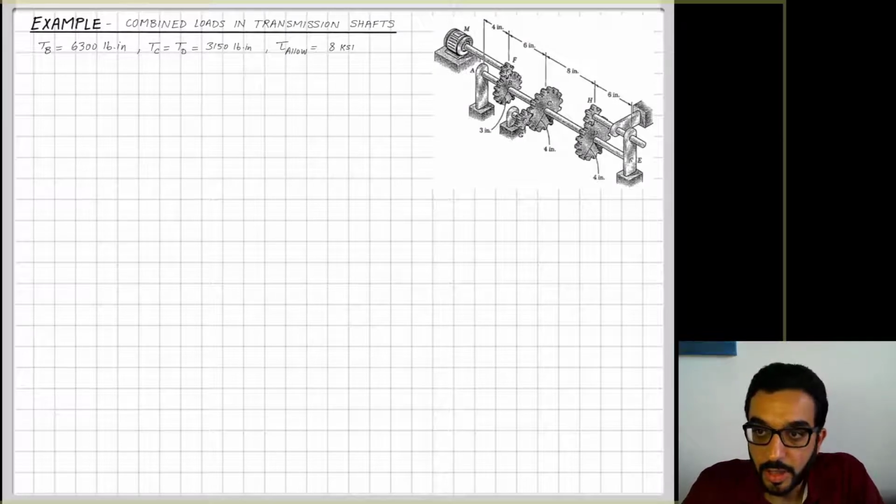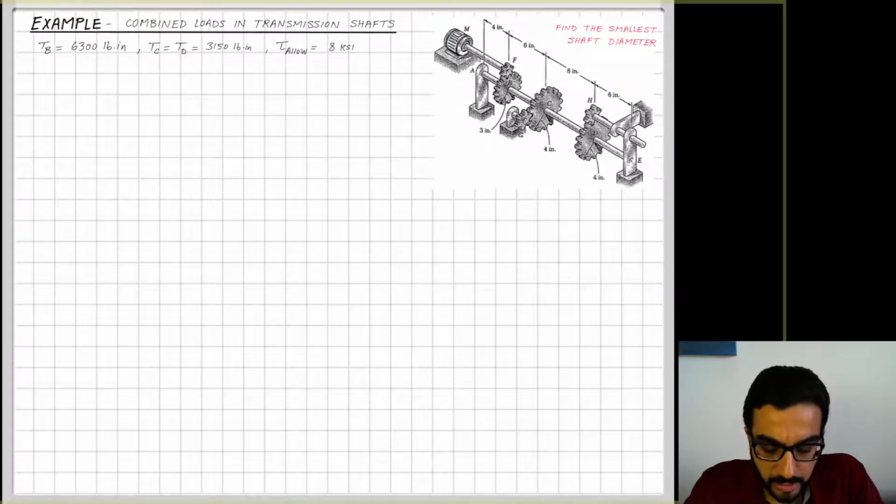We are given the allowable shear stress, and we are asked to figure out the minimum shaft diameter that will safely carry and transmit these torques.